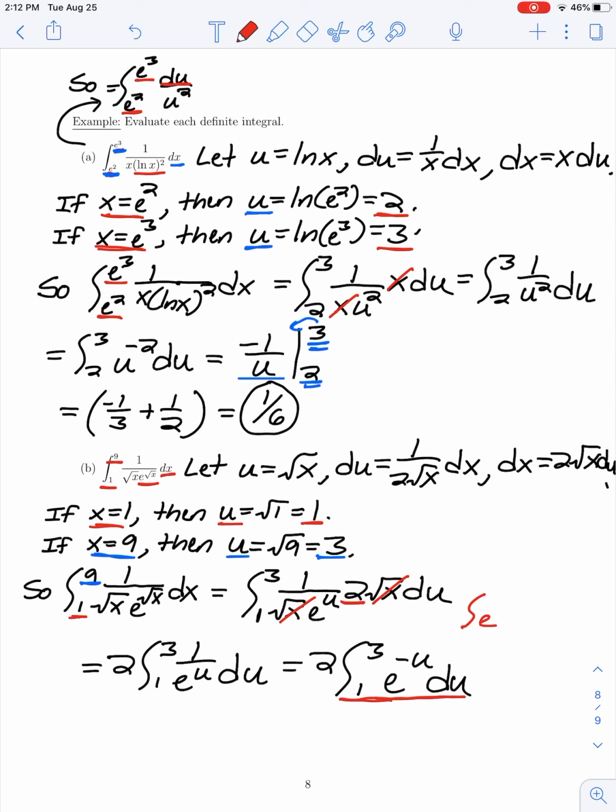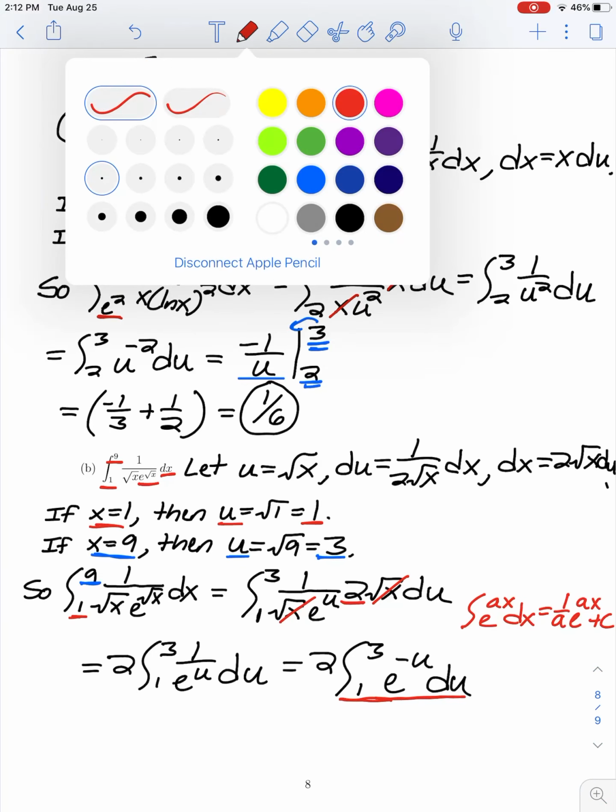Recall from our previous example, we just said the integral of e to the ax dx is 1 over a e to the ax in general plus c. So here we have e to the negative u du. Well, that's exactly this formula where a is equal to negative 1.